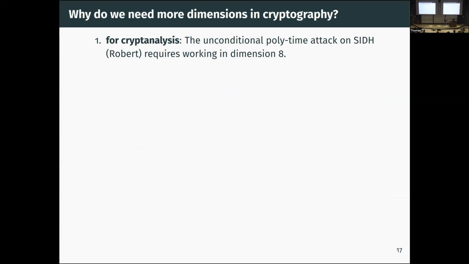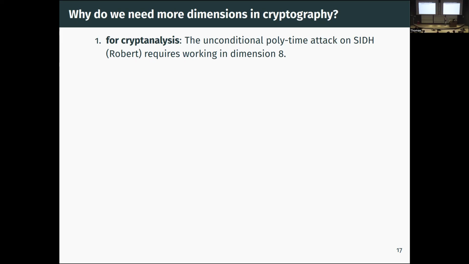Okay, why do I think that those higher dimensions are actually relevant for cryptography? The attack already only needed dimension 2. And the first reason is that it's relevant for cryptanalysis. What I mentioned before was that the original version of the attack was only heuristic, and a full version, an unconditional polynomial time attack on the SIDH protocol, even with unknown endomorphism rings, was found by Robert shortly after.